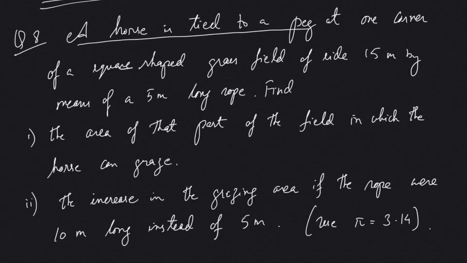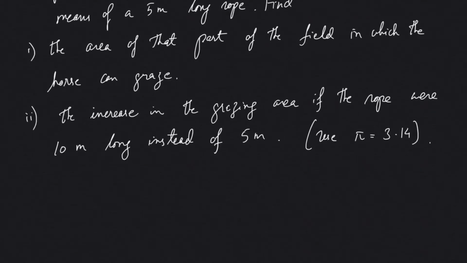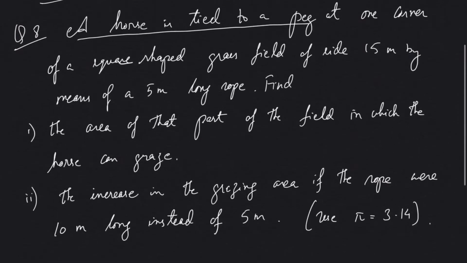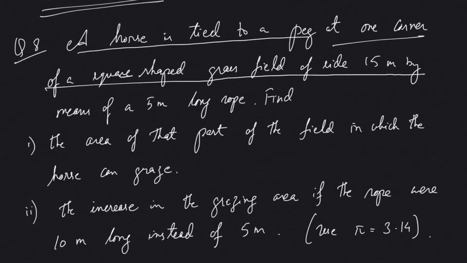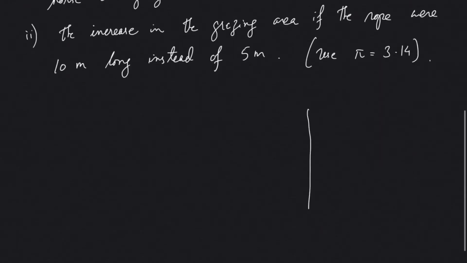It states a horse is tied to a peg. Peg means maybe a stand or a post, in other words, at one corner of a square-shaped grass field of side 15 meter by means of a 5 meter long rope.